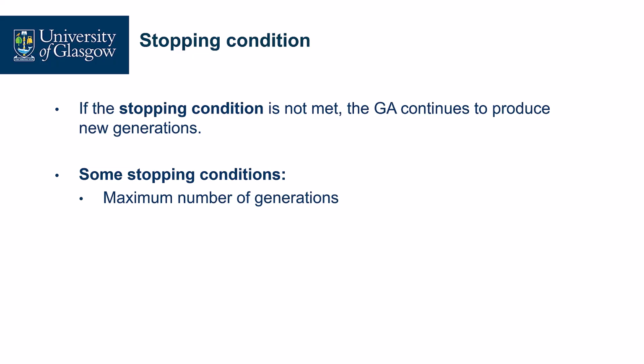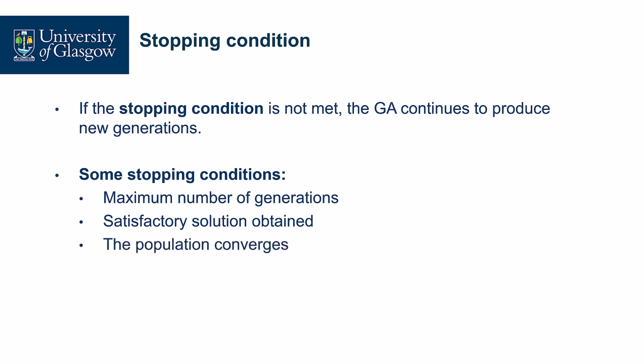The second is that when a satisfactory solution is obtained, we stop the GA. For example, in an optimization problem where we just want to satisfy some constraint, when the constraint is satisfied and the performance is okay, then we stop GA. We no longer need to optimize. And the third is that the population converges.